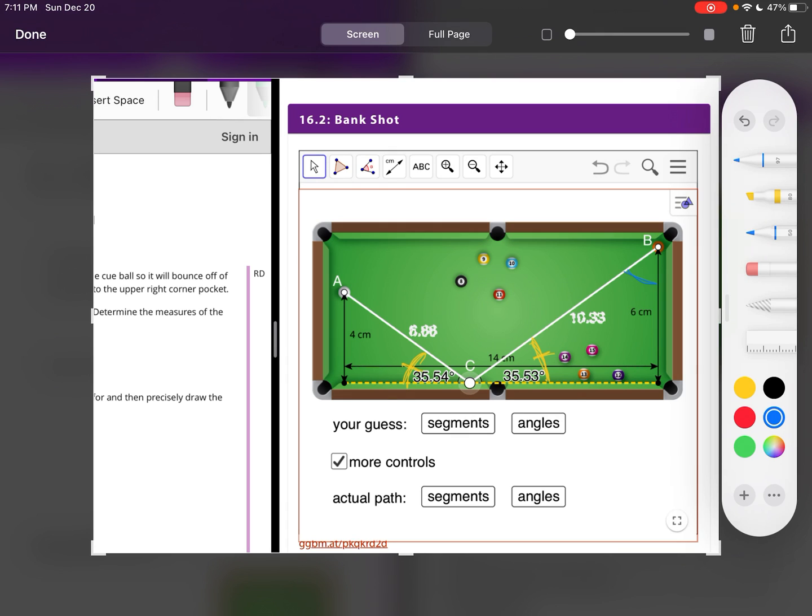And so then these two must be congruent because these were right angles right here, right? And so how do we find the measure of that angle? All right, so we would take 180 minus 90, which is 90. So then 90 minus 35.54. That's what we need to do to find that other angle, okay?